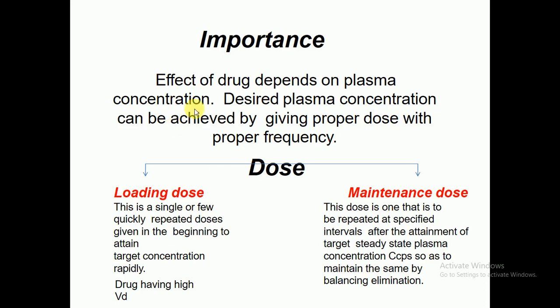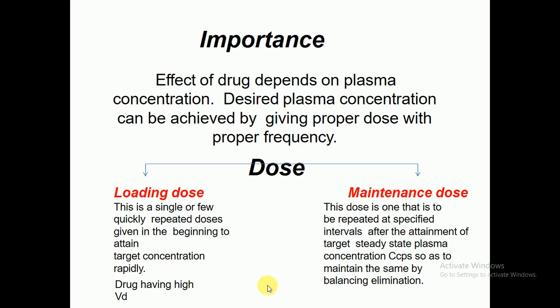In order to study the effect of drugs, which depends on the plasma concentration. The desired plasma concentration can be achieved by giving the proper dose with proper frequency. That's why we always say that you will have to maintain the concentration of the drug in the body.